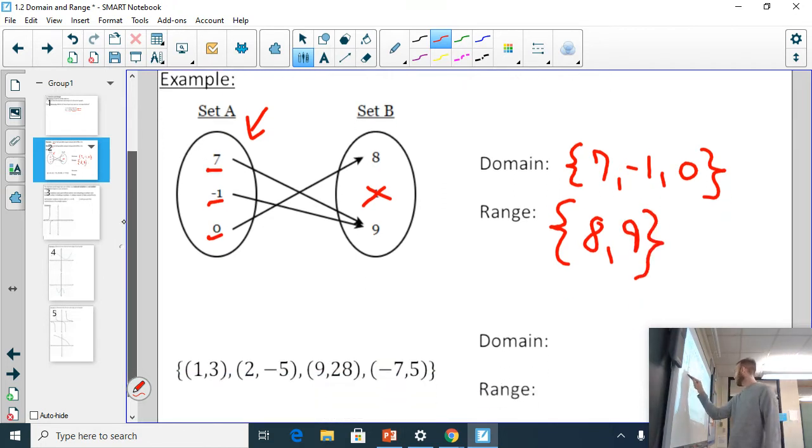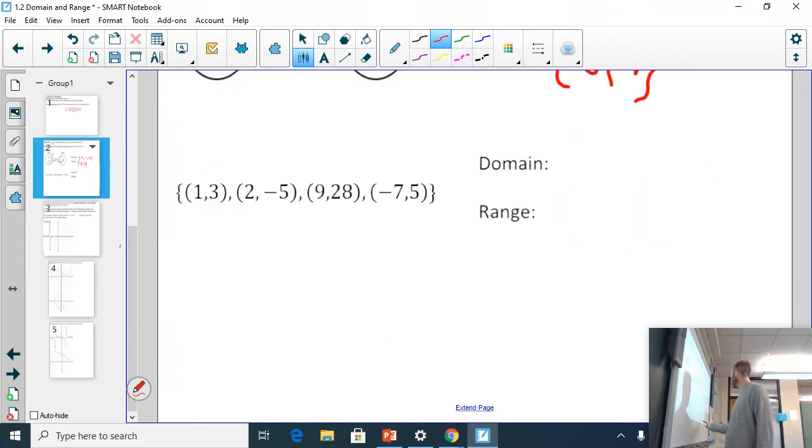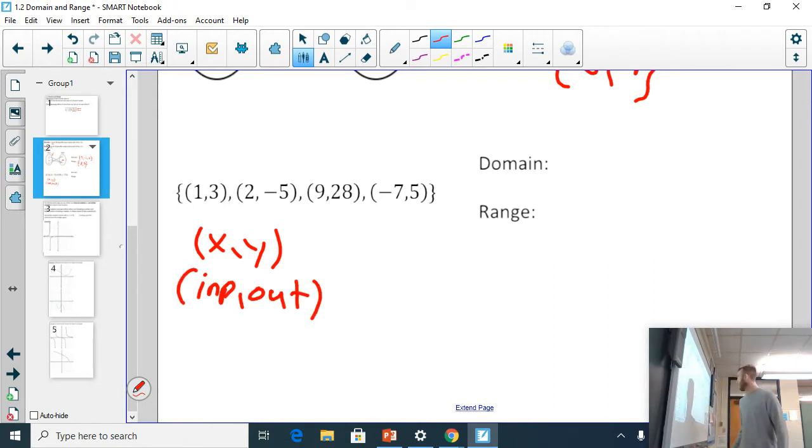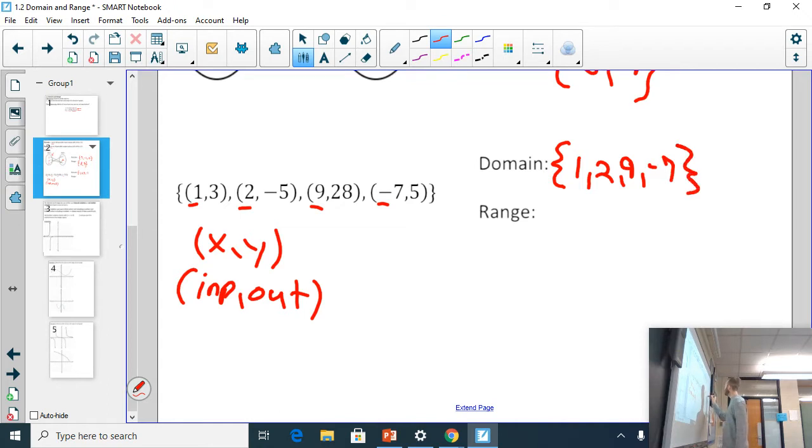All right. And then similarly for this one, when we have ordered pairs, x and y, this is usually input, output, right? So domain is all the inputs. So it would be all these x values, 1, 2, 9, -7. That's our set.